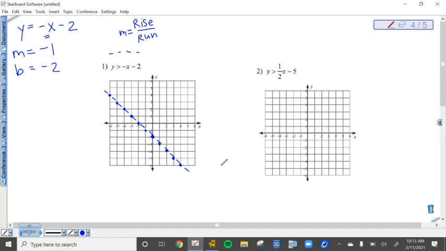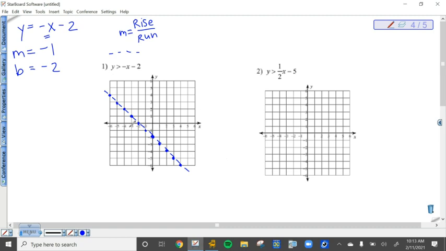So let's pick a point not on this line. I'm going to choose this one because it's easy. 0, 0, right? The origin. It's clearly not on this line, right?